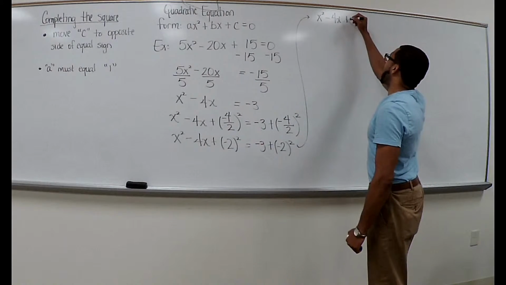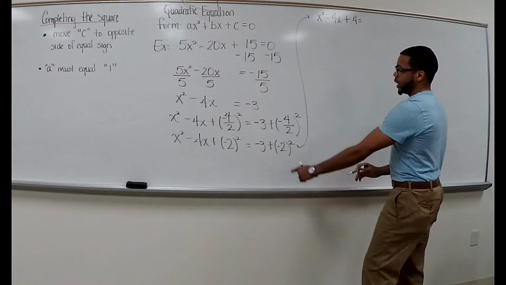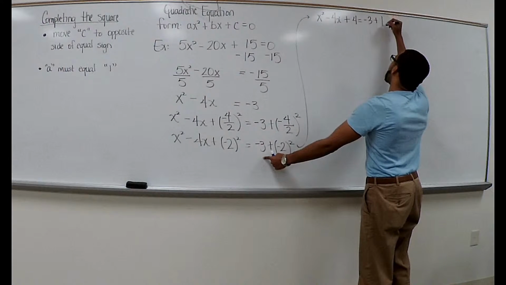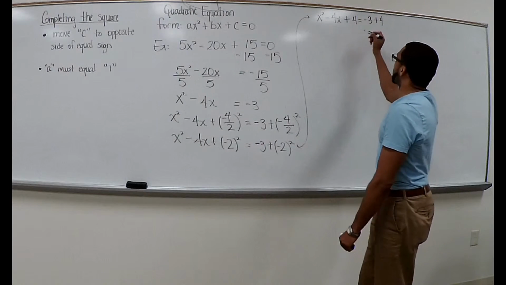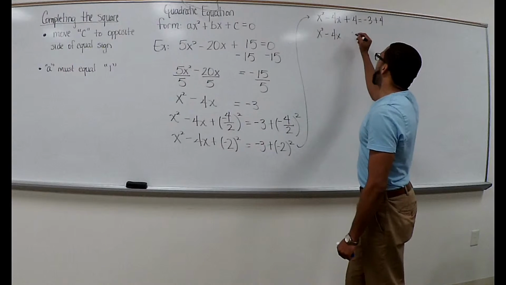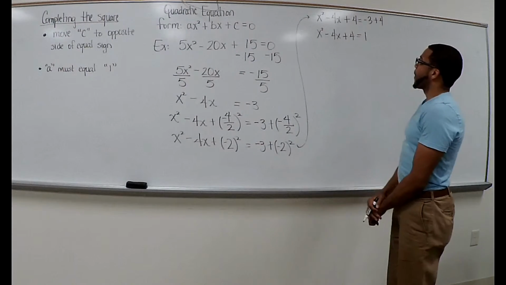Killing it. Okay? Equals negative 3 plus 4. So as we simplify, we have x squared minus 4x plus 4 equals 1.